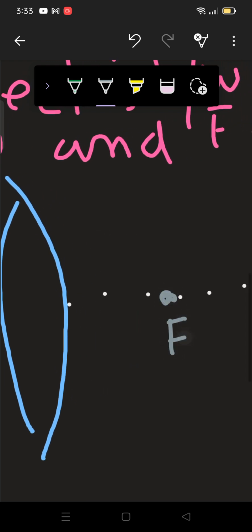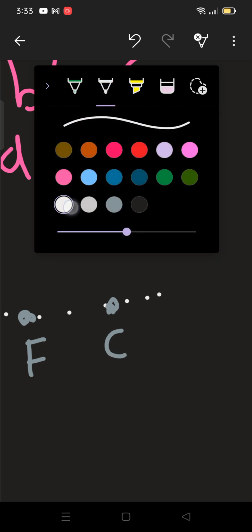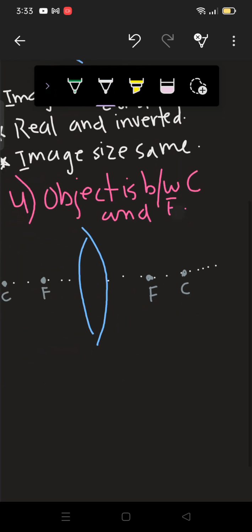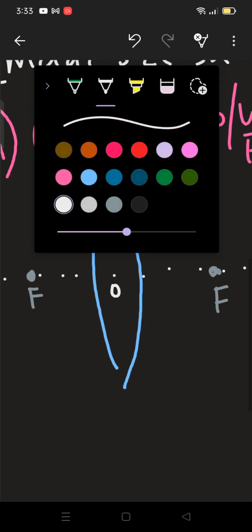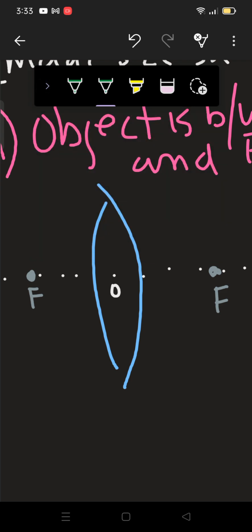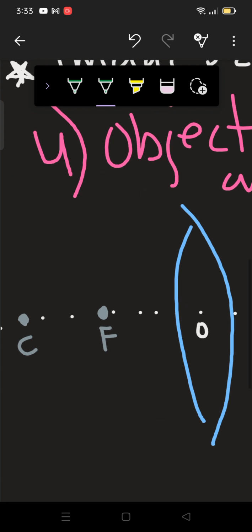Here we have focal point. And here we have C, which is the center of curvature. Alright. So here we have optical center. Alright. So now the object is placed between C and the F, which means the object is placed here.